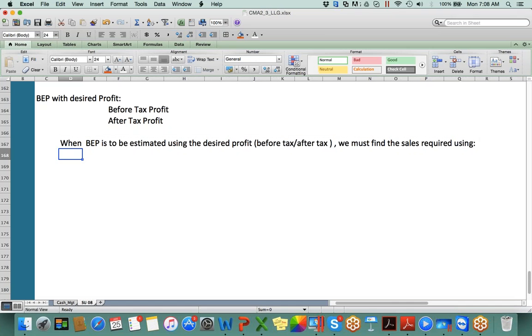For break-even point in units, it is before tax. I am giving you before tax. After tax I will give you later. Okay, break-even point with the desired profit.